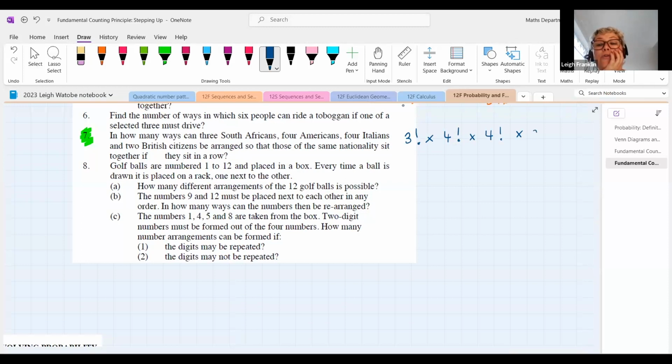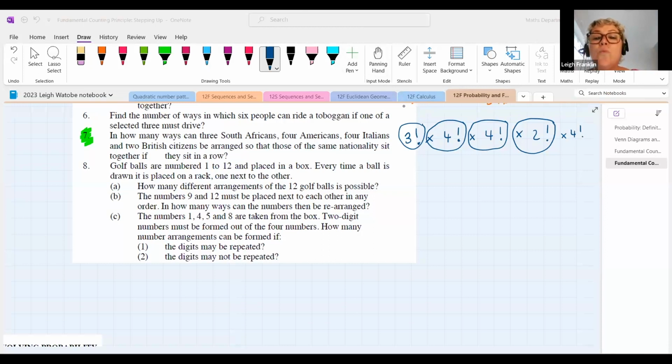And there are 2 British citizens, so there are 2 factorial ways that they can sit together. Now, remember, we're going to fix these all into their own groups: the South Africans, the Americans, the Italians, and the British. So there are 4 groups here, and so there are an additional 4 factorial ways in which the groups can be arranged with each other.